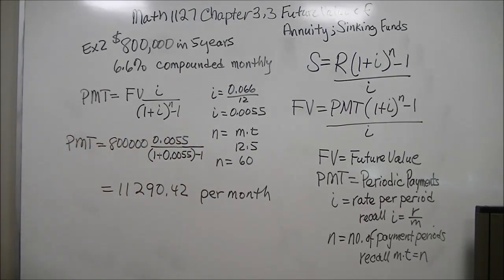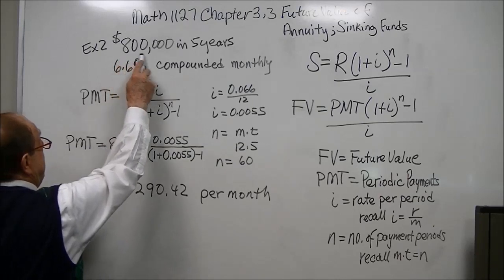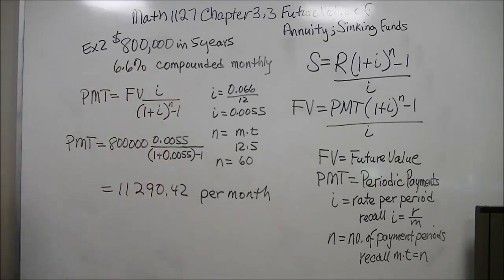So we're going to do another example that's in the book. Here a company wants to replace some machinery in its factory. And the cost of the replacement is $800,000. And they're going to replace this in, let's say, 5 years.